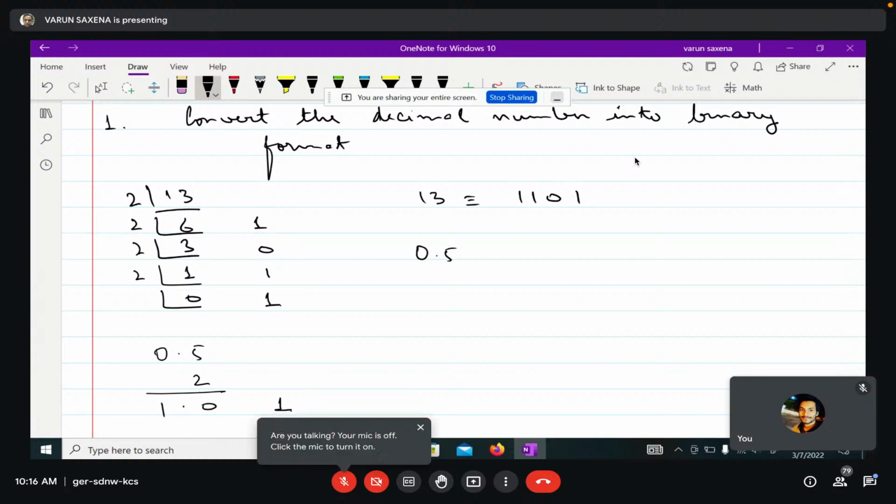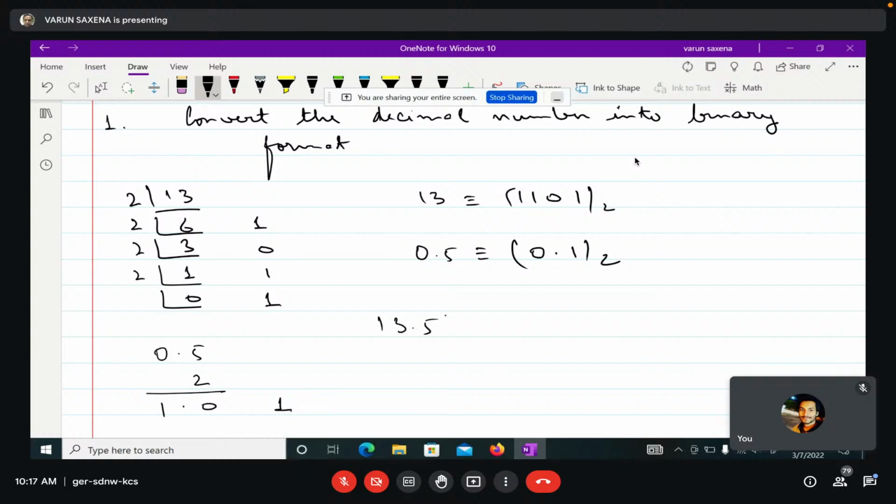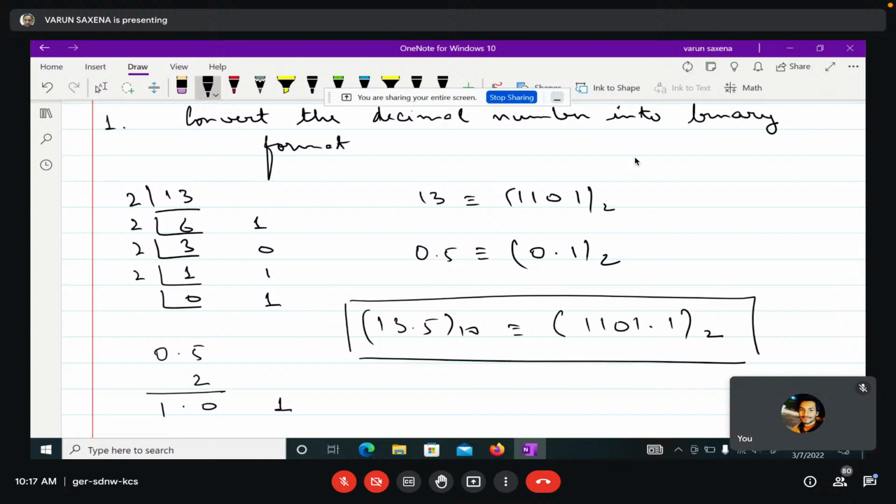So 0.5 is nothing but 0.1 in binary. Okay, so that means that 13.5 in decimal is nothing but 1101.1. So this was the first step, and we have obtained the binary equivalent of this.